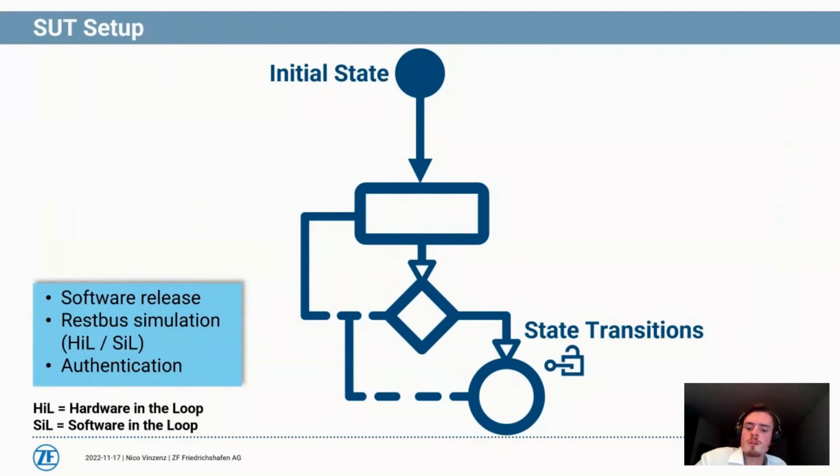And also for some kinds of state transitions, this is necessary. Furthermore, we would for some also need credentials, for example for a secure access state, where the fuzzing tool could never reach it without having those credentials provided.